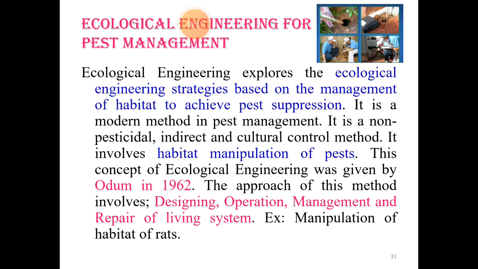And this idea for the first time was suggested by Odum in 1962. So, according to him, the ecological engineering process includes designing, operation, management, and repair of living systems. So these are all different stages by which we can approach the ecological engineering method.